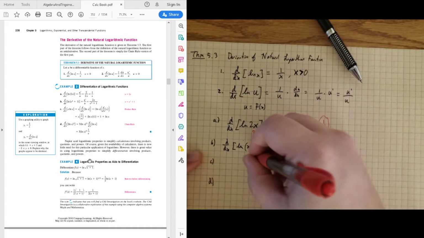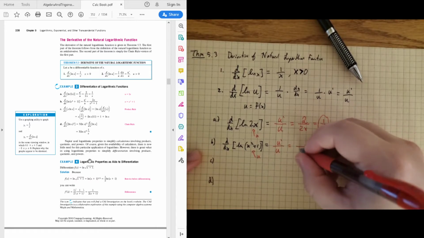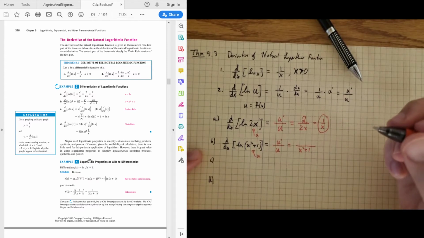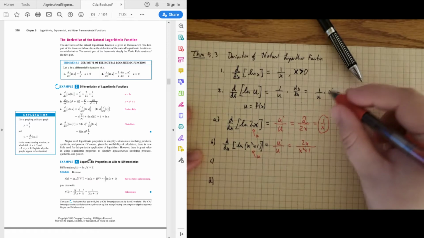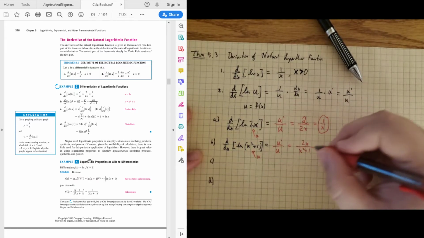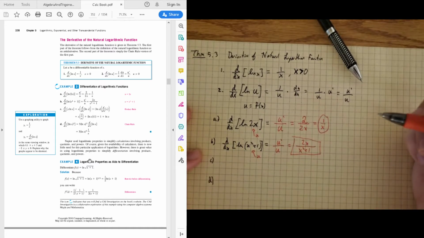In this case, this piece is going to be my u. So on the bottom is going to go u, x squared plus 1. On top is going to go the derivative of the inside, which is 2x. Again, you'll note that up here, this is essentially just a chain rule. So if this can be simplified any, I should, but in fact, this is as simplified as it goes, which tells me that's the solution.